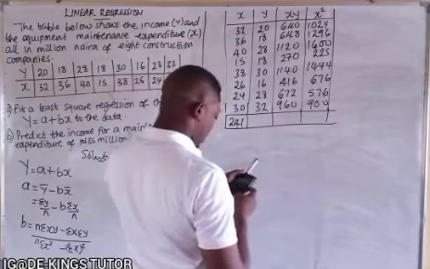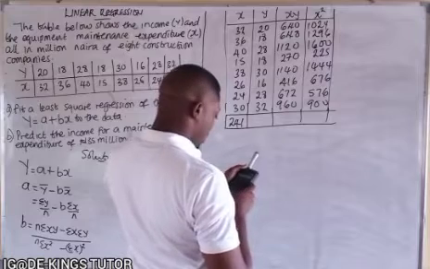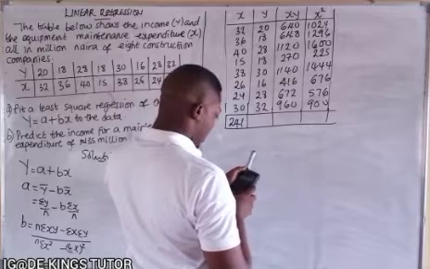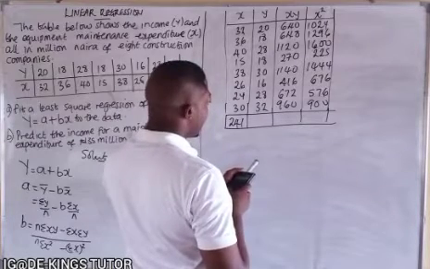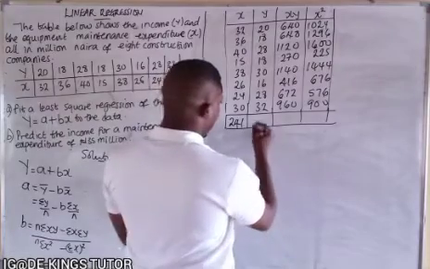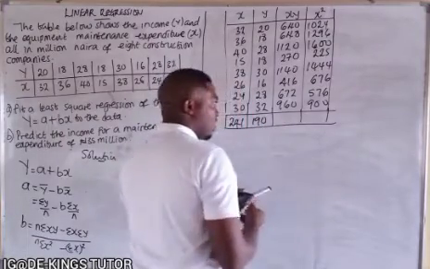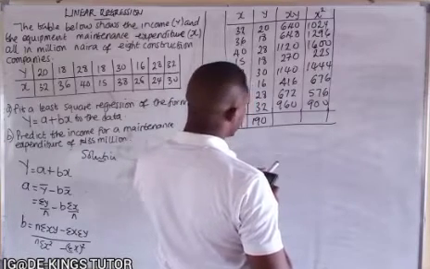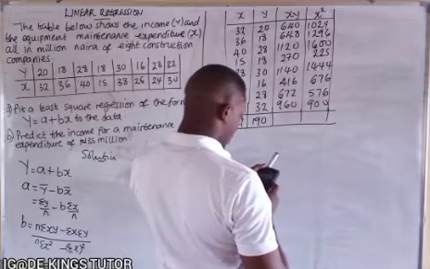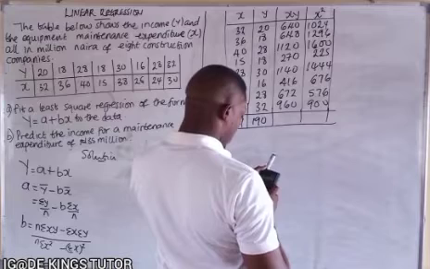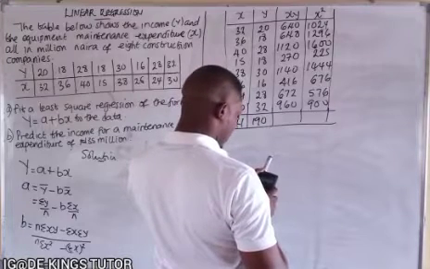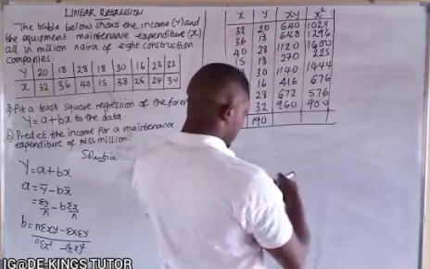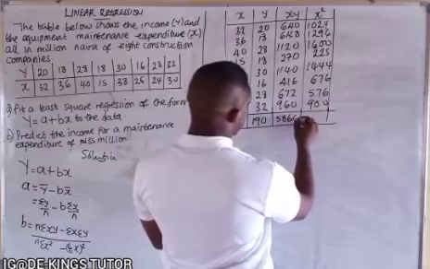Now another one is 20 plus 18 plus 28 plus 18 plus 30 plus 16 plus 28 plus 32, which is 190. I'll also have the next one, 640 plus 648 plus 1120 plus 270 plus 1140 plus 416 plus 672 plus 960, which will give us 5866.